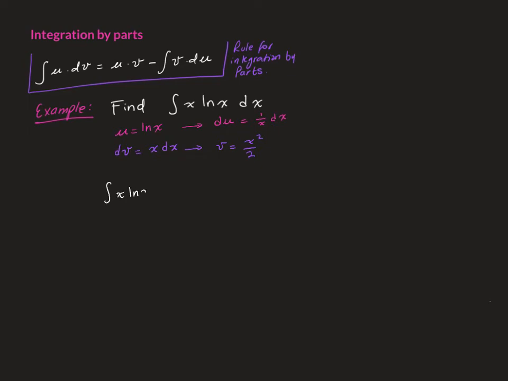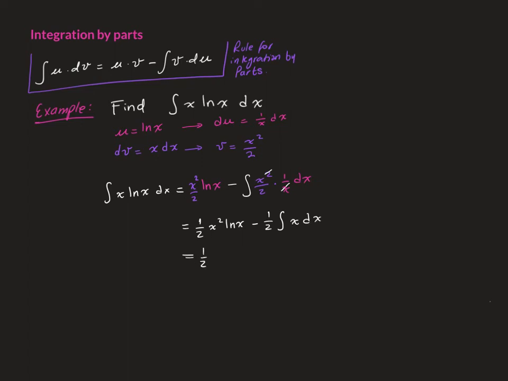The integral of x ln x dx is going to be ln x times v, which is x squared over 2, minus the integral of v, x squared over 2, times du, which is 1 over x dx. So this is going to be 1/2 x squared ln x minus, and I can simplify x squared with x here, and I get 1/2 integral of x dx.